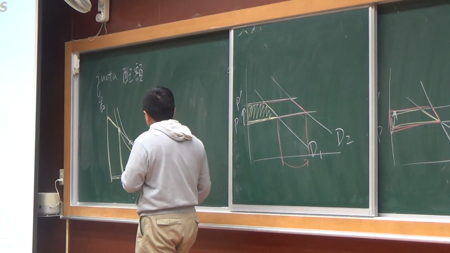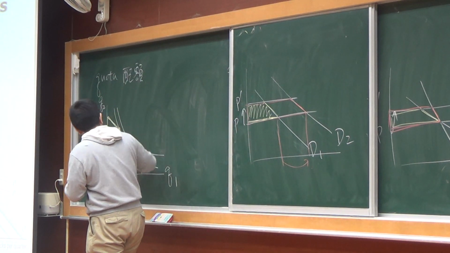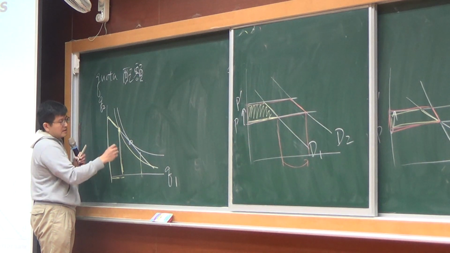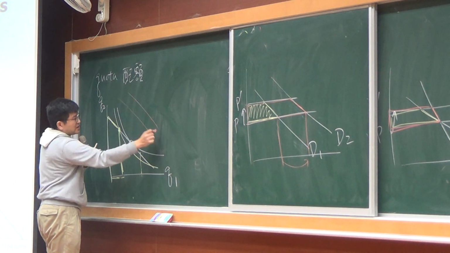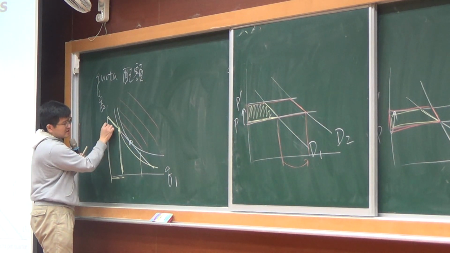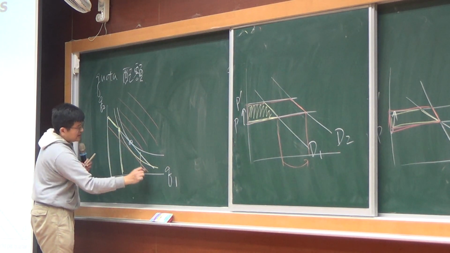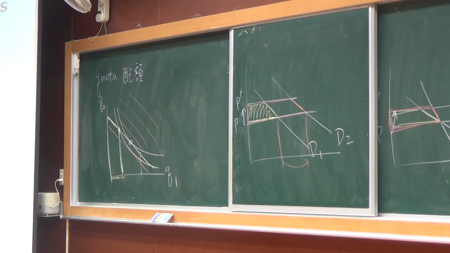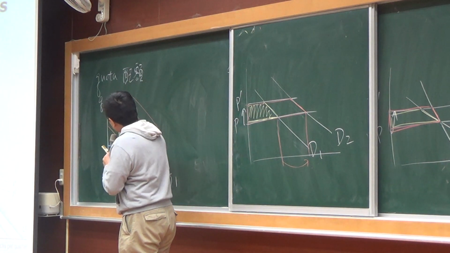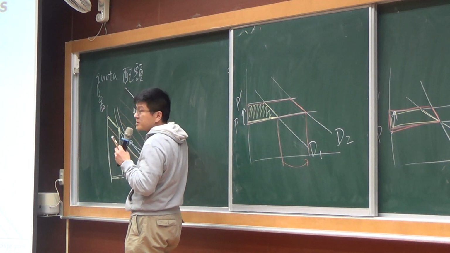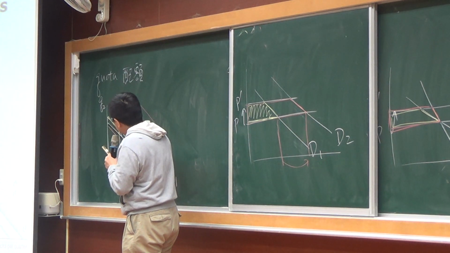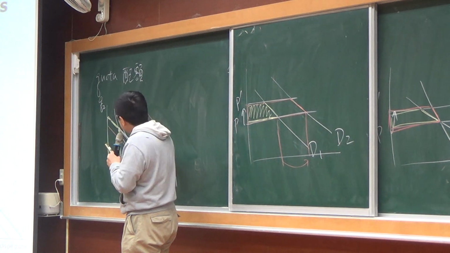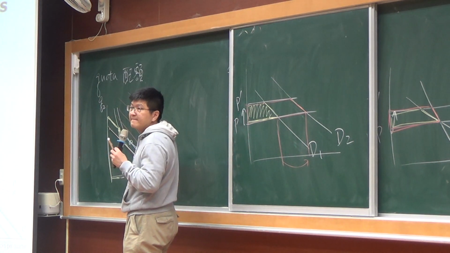So without the quota limit, it's just like this, okay? If you give me some money, I will increase my budget set, but if you take away some money, my budget set would be smaller, right?